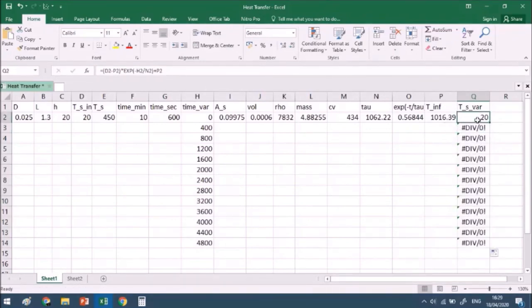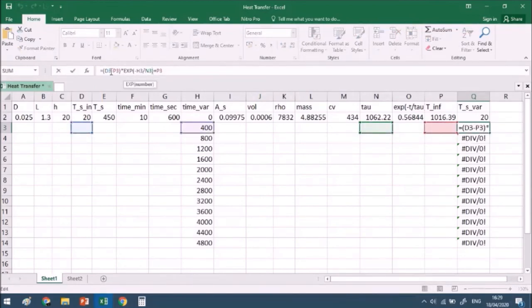So you see, if I move on to the next cell, this one updates the values of D3, which is the Ts initial, it is empty, P3, which is empty, T infinity, which is empty, H3, again empty, no, it is here, N3, where is N3? N3 is empty, you see, P3, again empty.